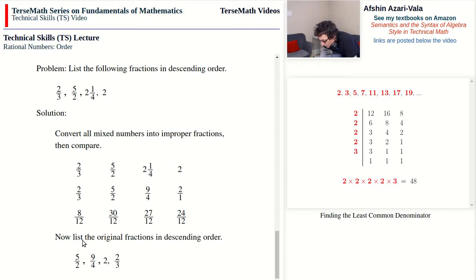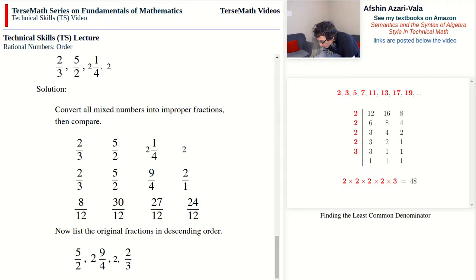And actually my 9/4 should have been 2 1/4 because we are ordering the original fractions the way they were given. So let me actually fix that so there is no confusion here. So we have a 2 and 1/4.